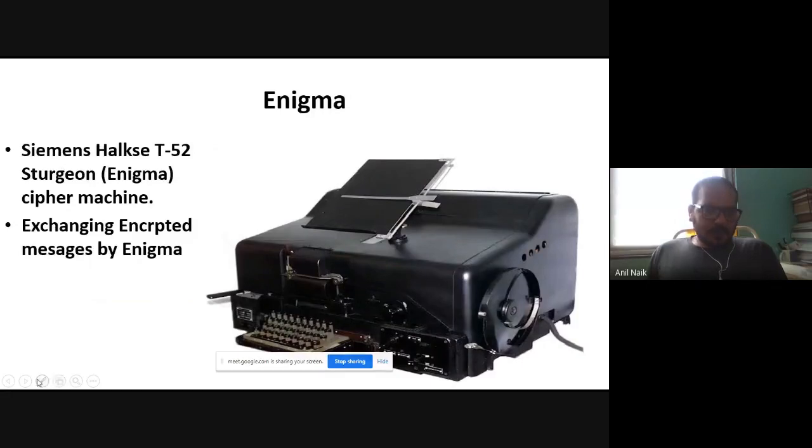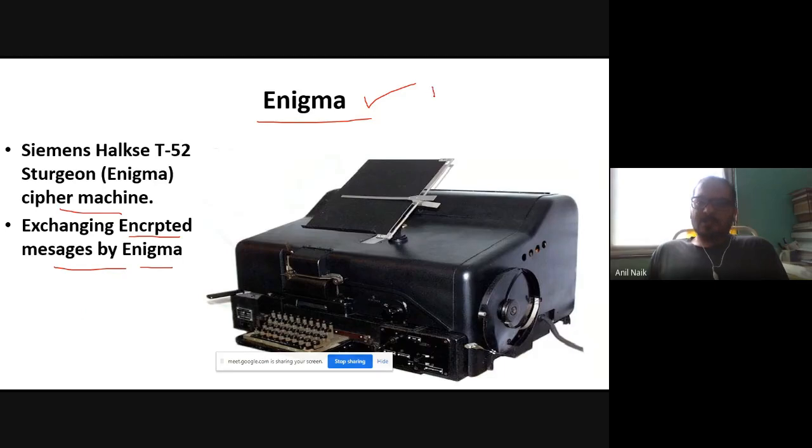So one more device is the Enigma cipher machine. This machine looks like a typewriter. It is used to exchange encrypted messages.